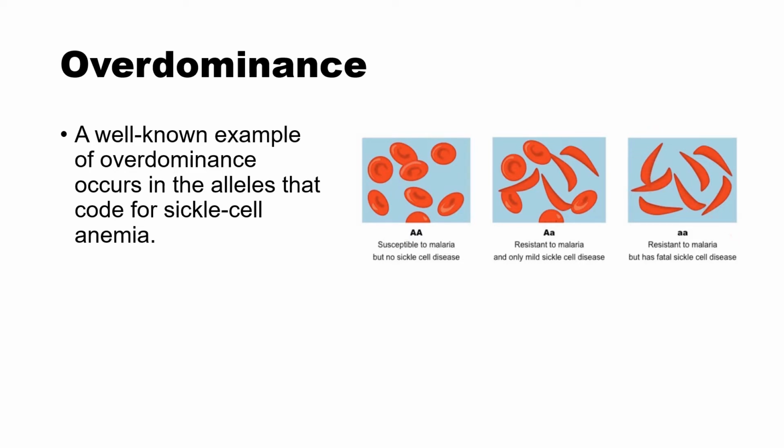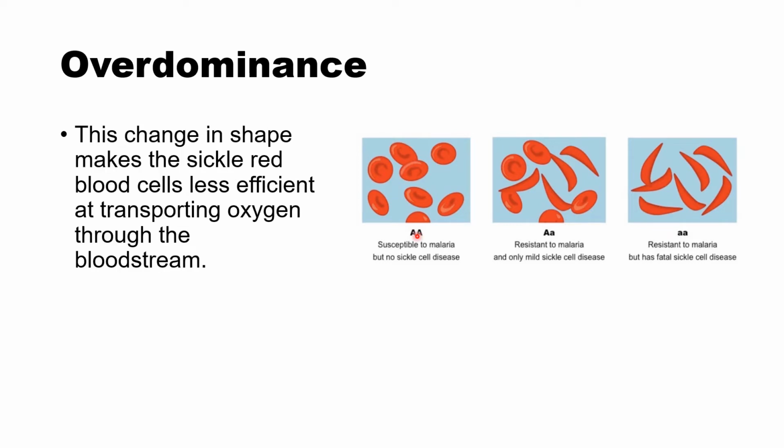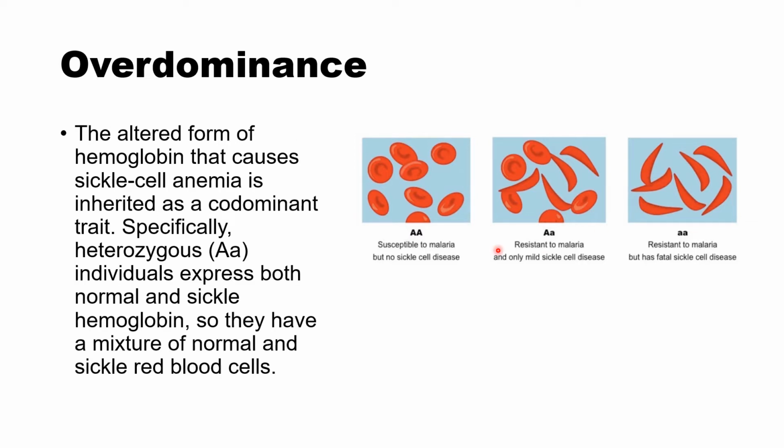So yun yung example ng overdominance. So this change in shape makes the sickle red blood cells less efficient at transporting oxygen through the bloodstream. So the altered form of the hemoglobin that causes sickle cell anemia is inherited as a codominant trait.